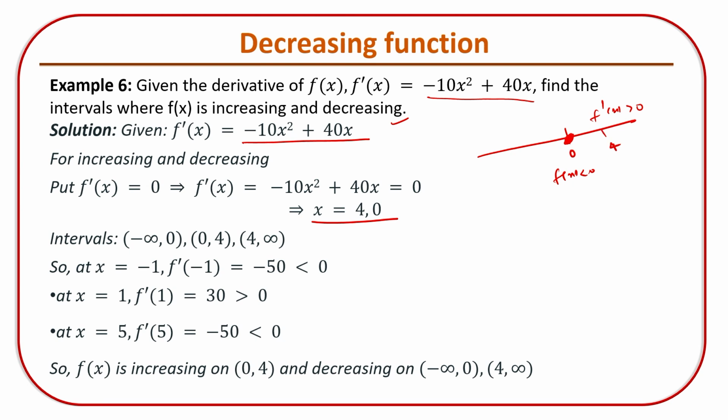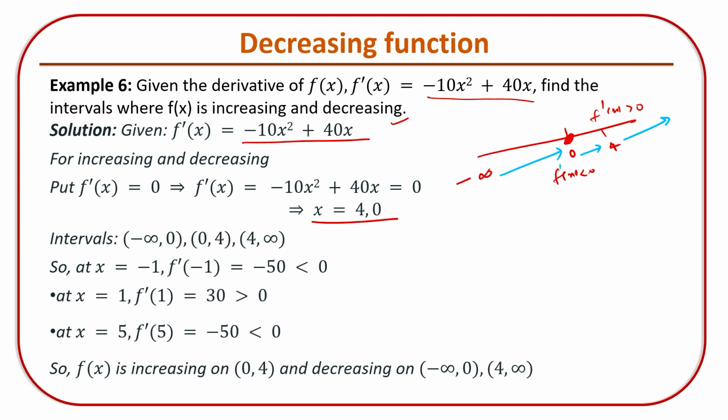And as you can see, there are three intervals: minus infinity to 0, okay, now I'm going to change this color, minus infinity to 0, 0 to 4, and 4 to infinity. These are the three intervals. Now check the behavior of f'(x) in each interval, right? How can we check that?